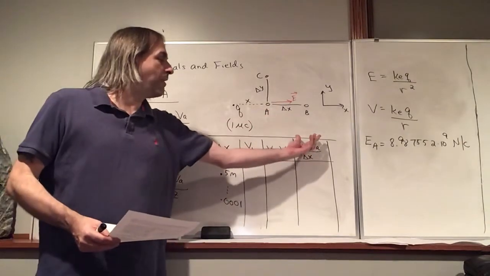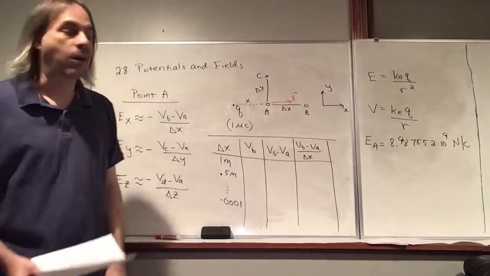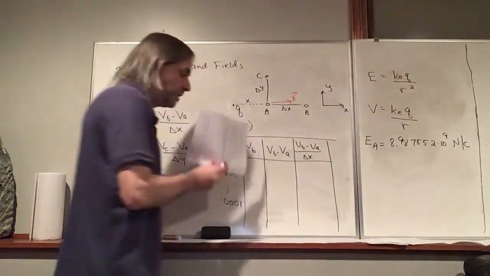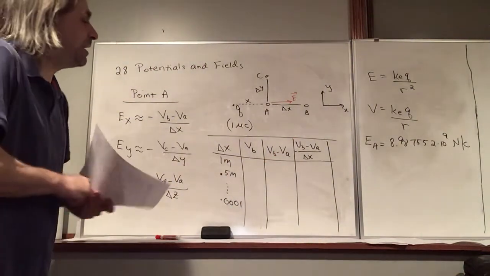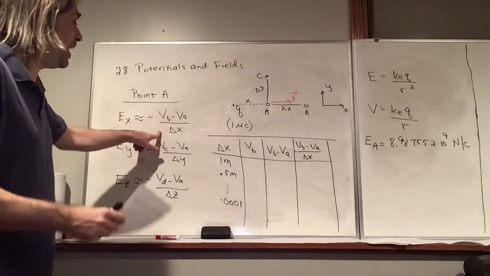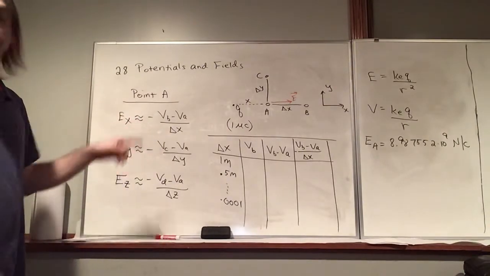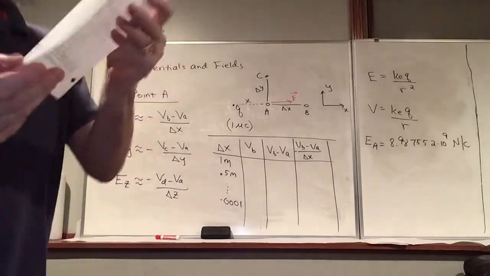And what we're calculating is basically delta V over delta X. Or here, let's put the minus sign in front. So we're calculating negative VB minus VA over delta X, and again we have this approximately equal sign. I'm going to hold this up and see if you can see the numbers at all.